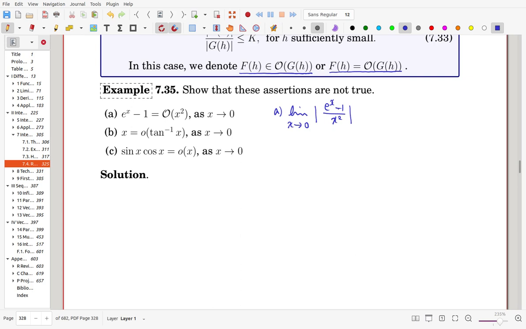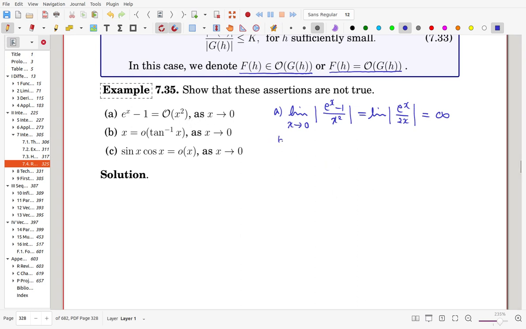You can see that top and bottom approach 0. So by using L'Hopital's rule, this is e to the x over 2x. Top is approaching 1 and bottom approaches 0, so the limit must be infinity. So it is not bounded, so it's not true.